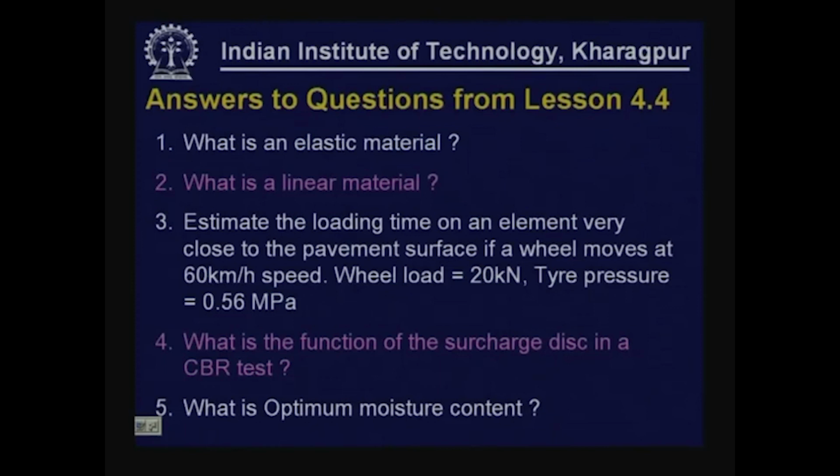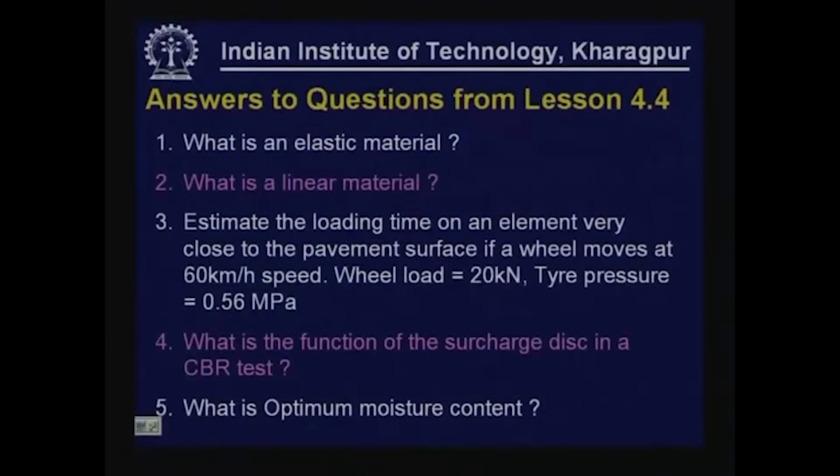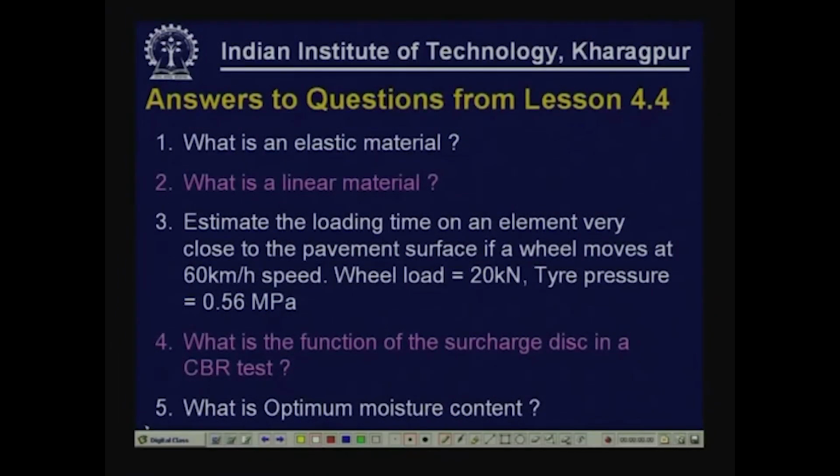A linear material is where the stress to strain ratio is constant, that is stress is proportional to the strain. Next question was to estimate the loading time on an element which is very close to the pavement surface. If a wheel moves at 60 kilometers per hour speed with a wheel load of 20 kilonewton and tire pressure of 0.56 MPa.